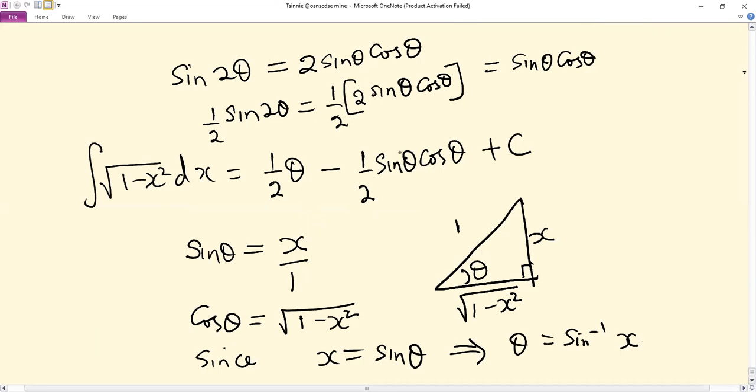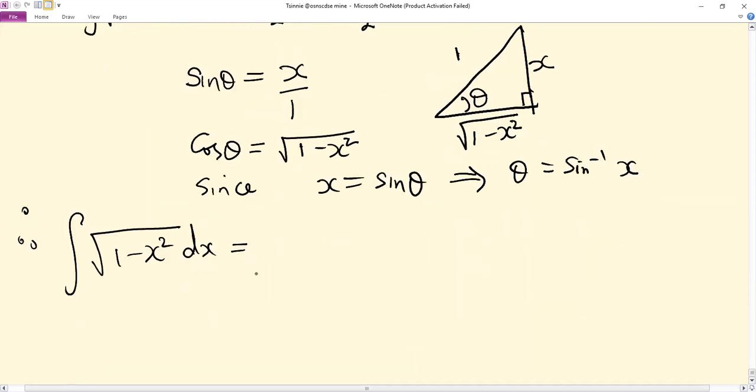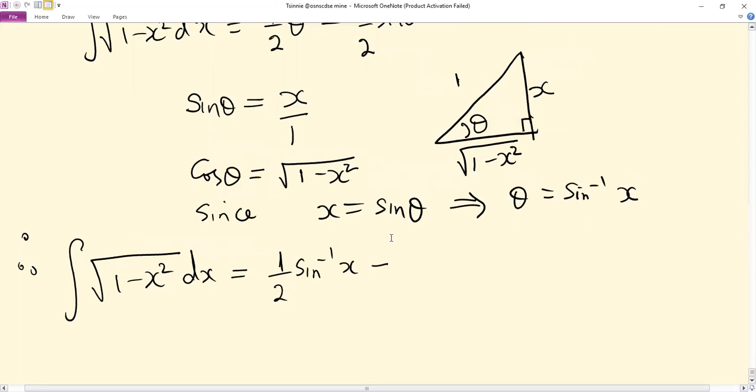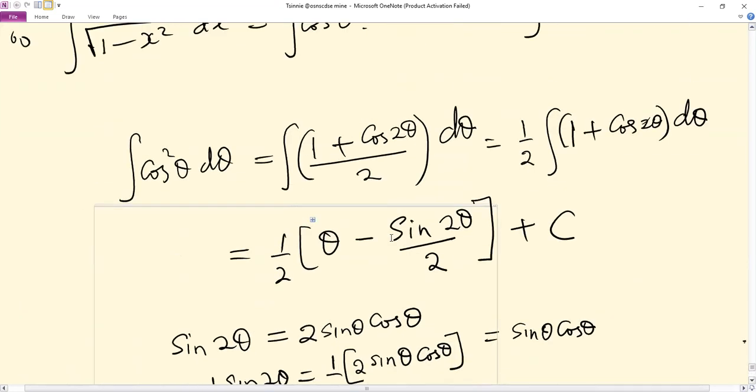So therefore now we replace these values into this integral, and the integral of the square root of 1 minus x squared dx will be a half sine inverse of x, and then at this point here, we had cosine of 2 theta.